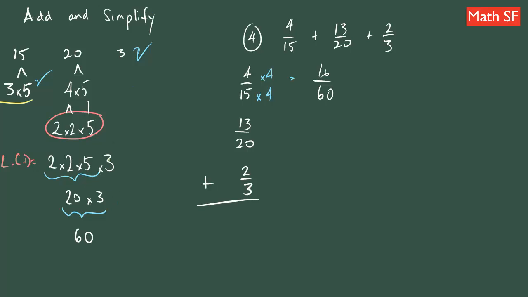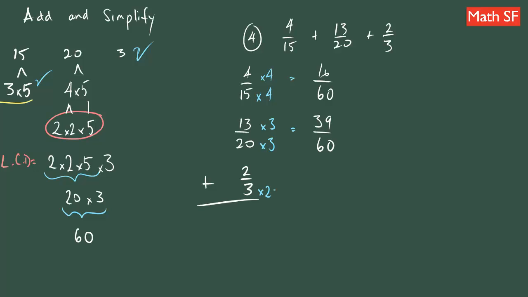Or you can just cover the 3 here. If you cover the 3, you will find out it's 2 times 2 times 5, which is 20. So 20 times 3 is 60. So I must multiply this part by 3 and this part by 3 to obtain 13 times 3 should be 39 over 60.